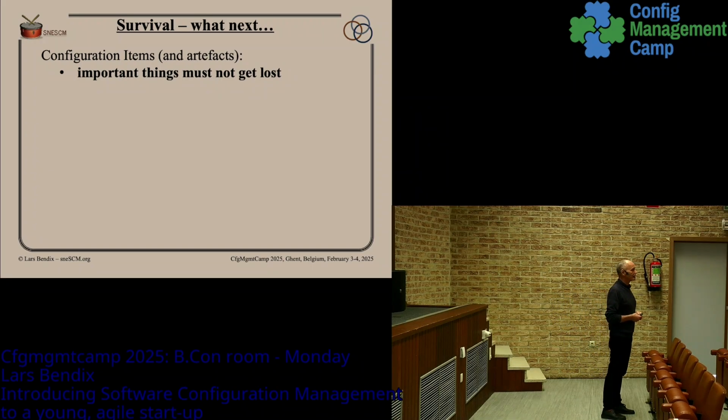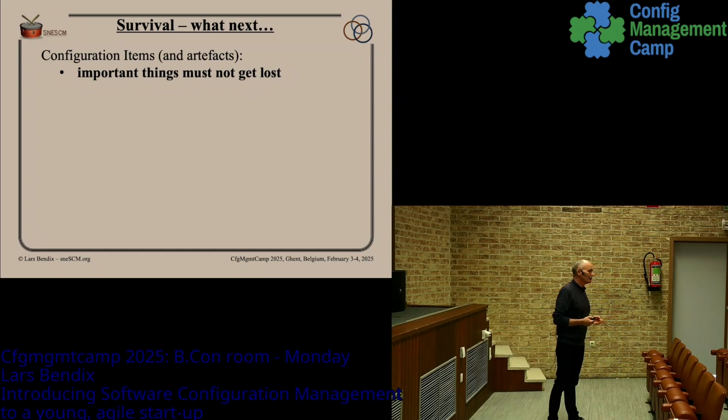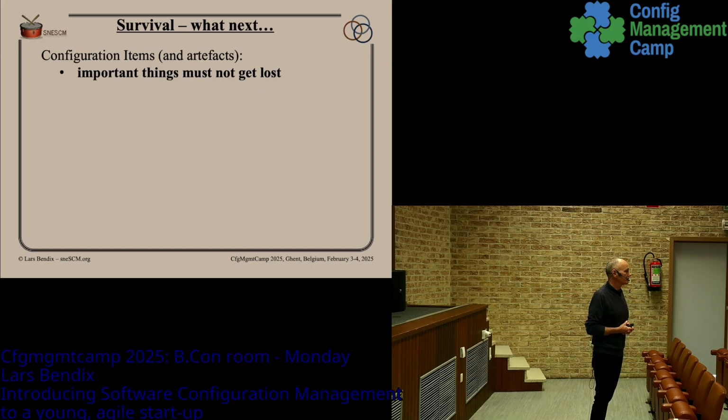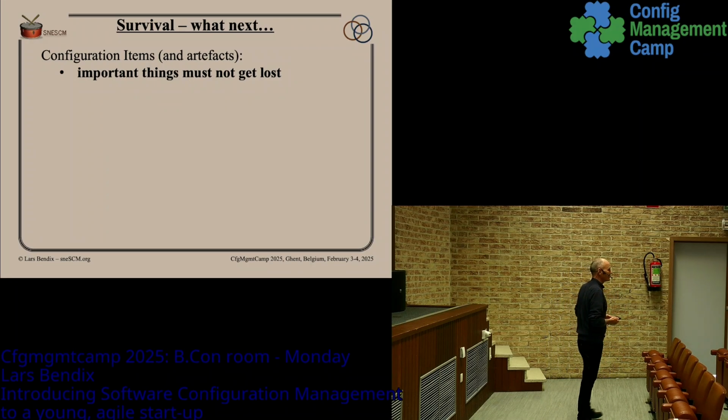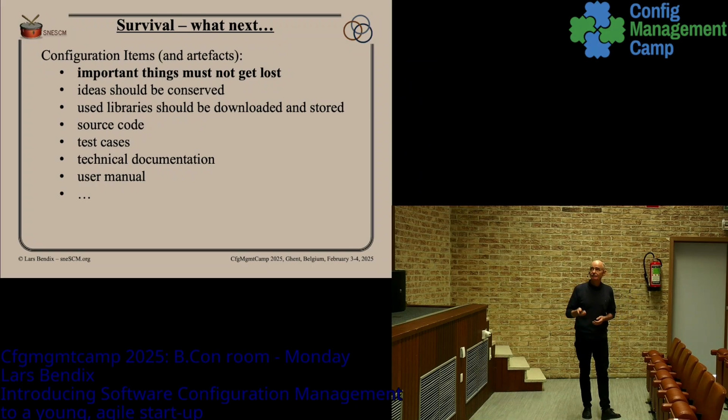In the standards, generally the definition of a configuration item is that it is everything that we need in order to be able to produce the end product that we have to deliver. Source code is usually very important. Test cases, requirements, documentation, stuff like that.